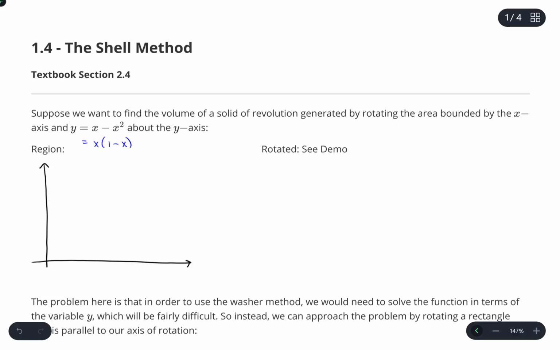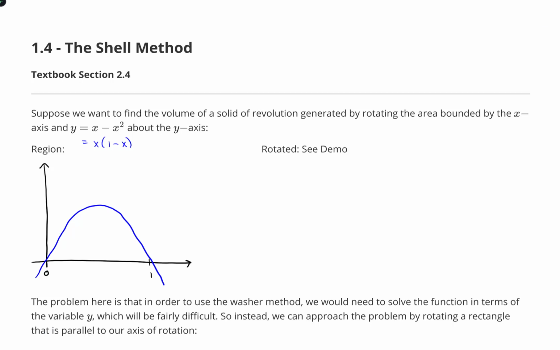So I could just put 0 and 1 in here. I'm not really sure how high this would reach, but I'll just draw in a general parabola with those two zeros. Okay, that's great.